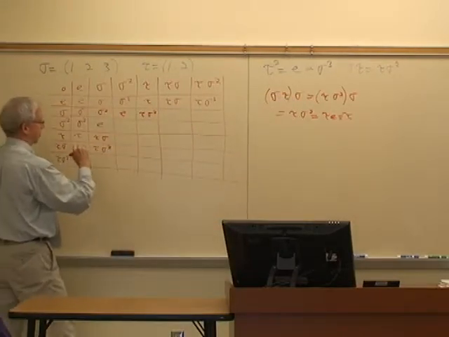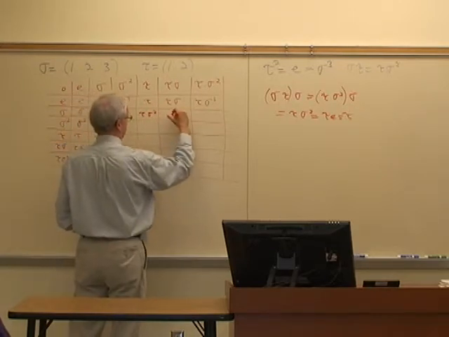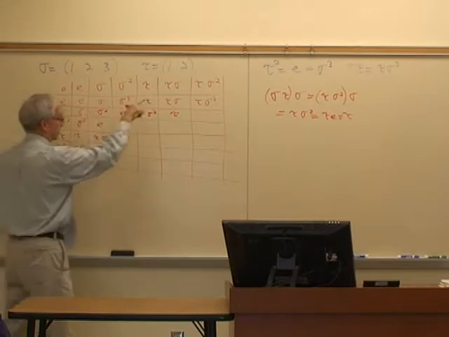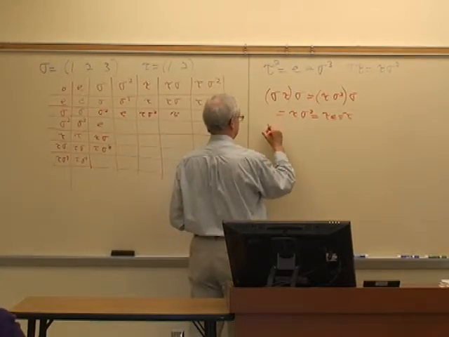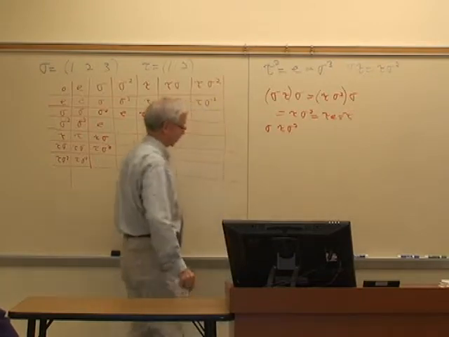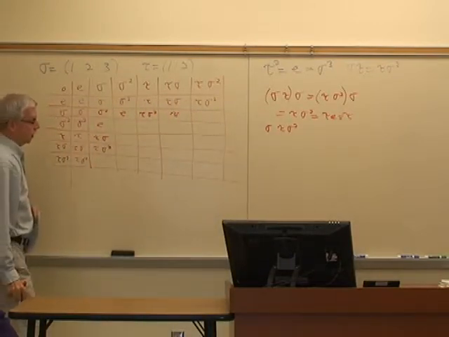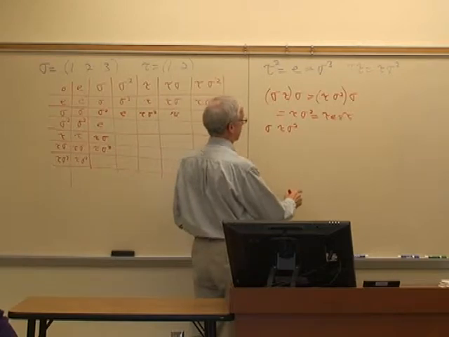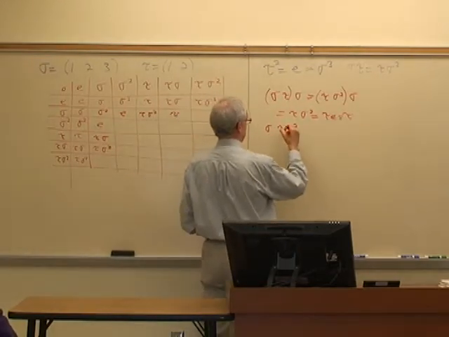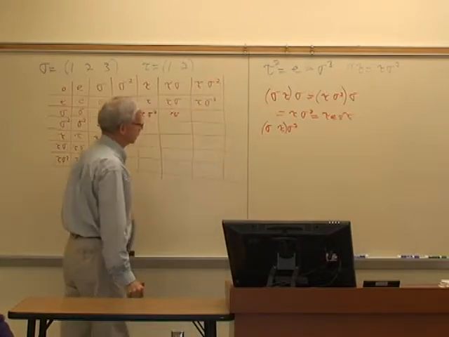This is what I want to focus on. So this is just tau. And now how about sigma times tau sigma squared? The next one. Well, I already know. Well, let's just do it again. So I can group them this way.